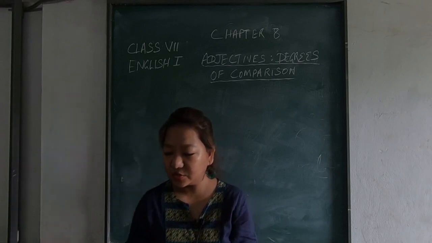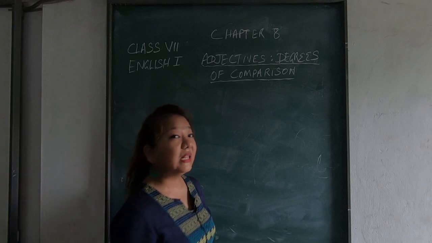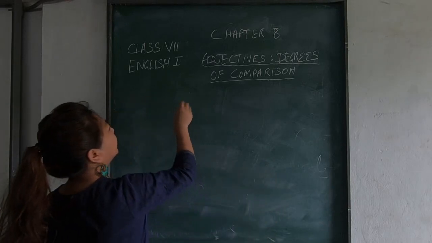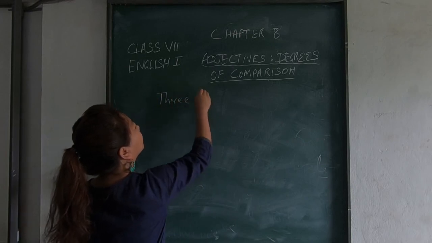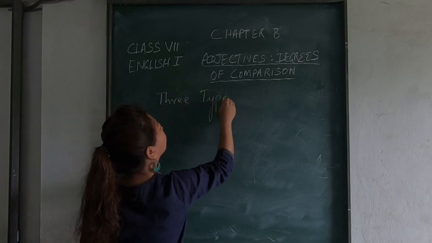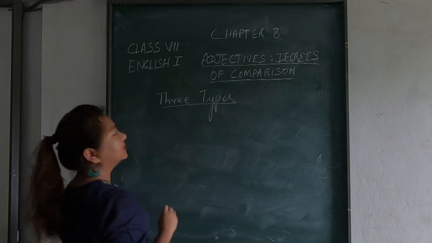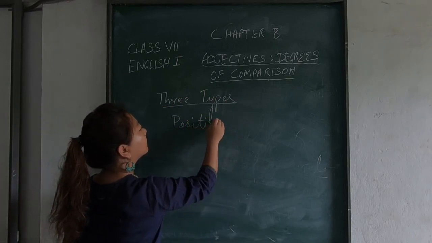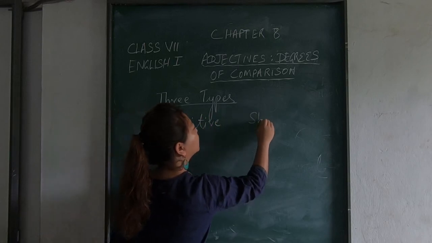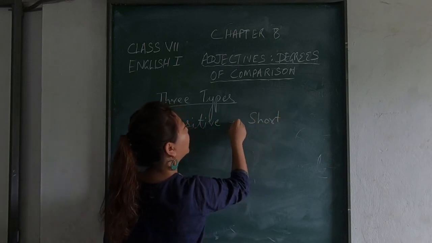So therefore, degrees of comparison are of 3 types. There are 3 types. First is called positive, that is short. Example.